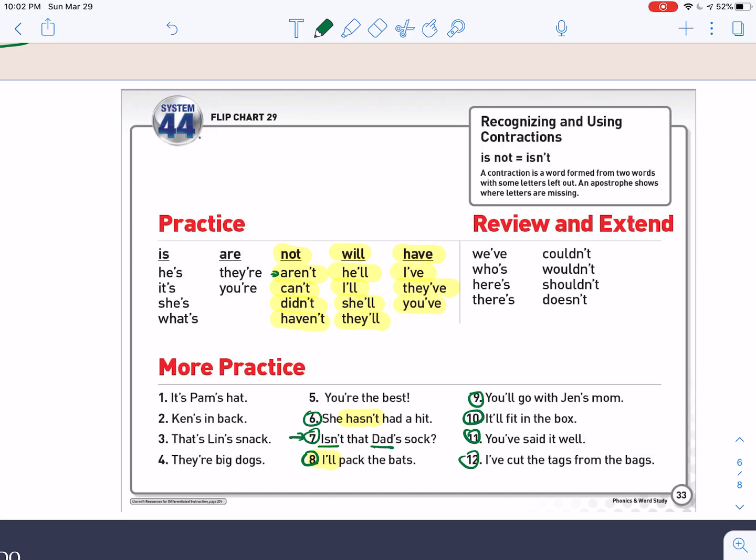Write C over each contraction and P over each possessive. C for each contraction and a P for each possessive. Remember, for each contraction, you need to write the 2 words that make up that contraction.